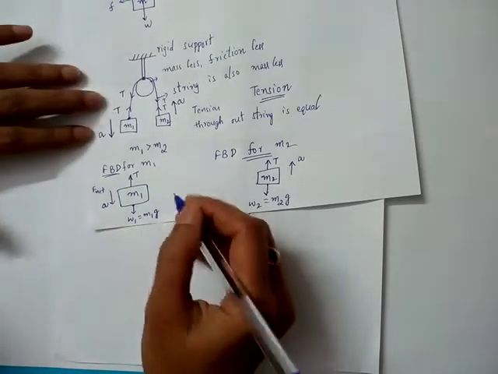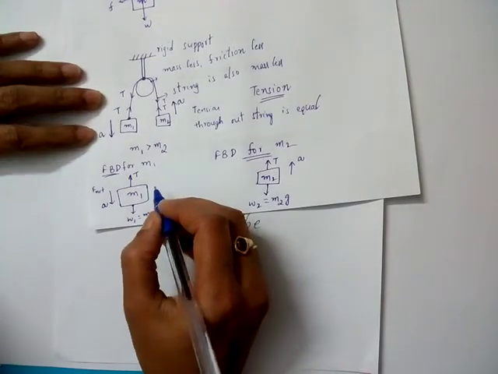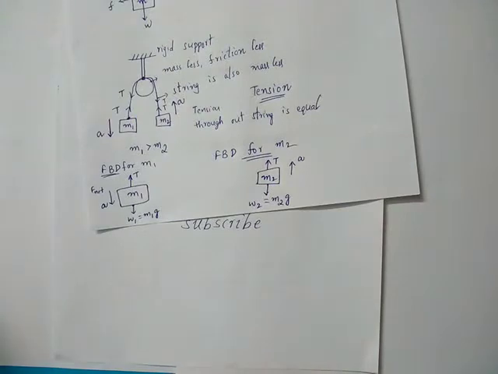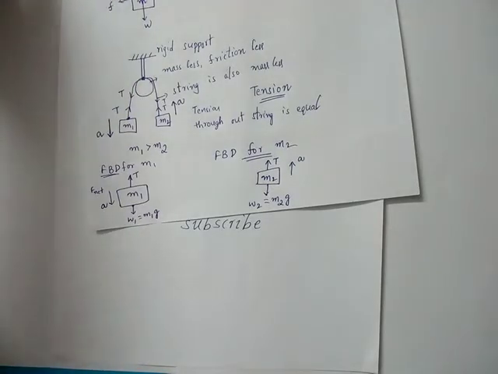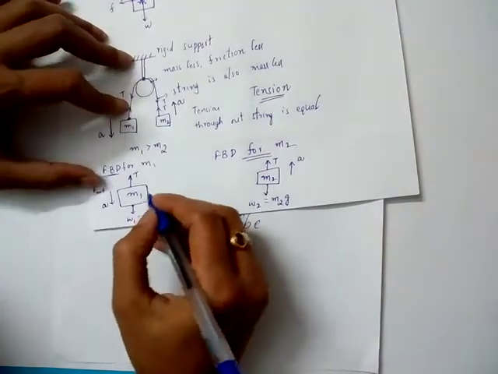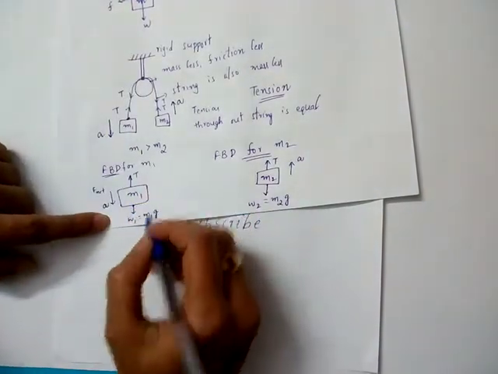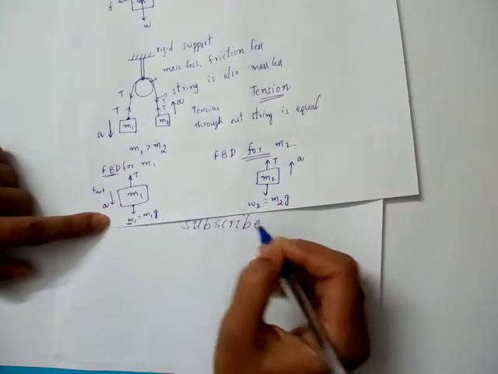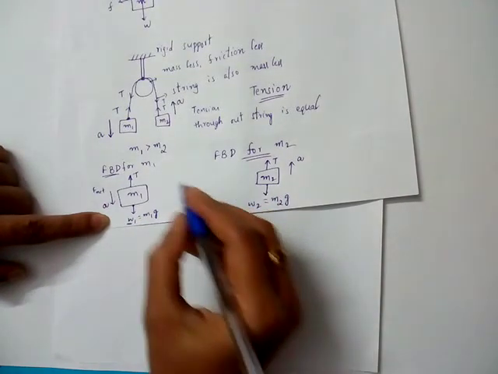Now see here, from Newton's second law, we have to frame the F net equation. F net gives you in which direction the bodies will move. Okay, for the first body, as acceleration is downwards, you can understand W1 is greater, isn't it?